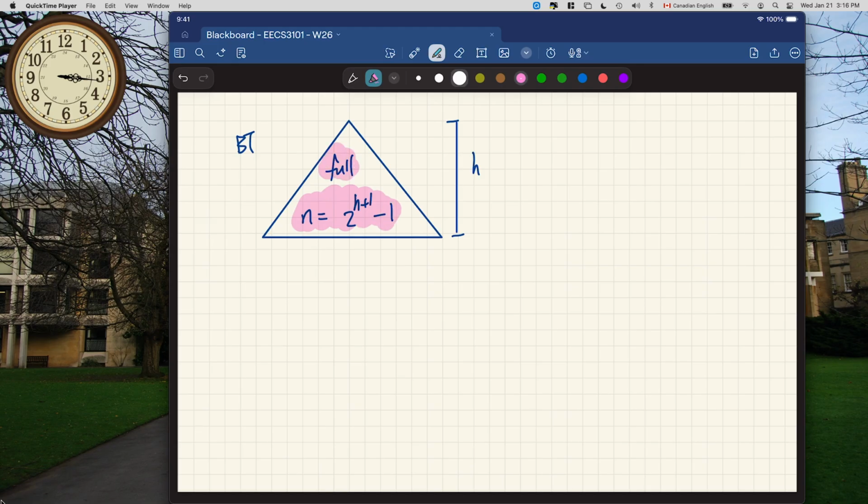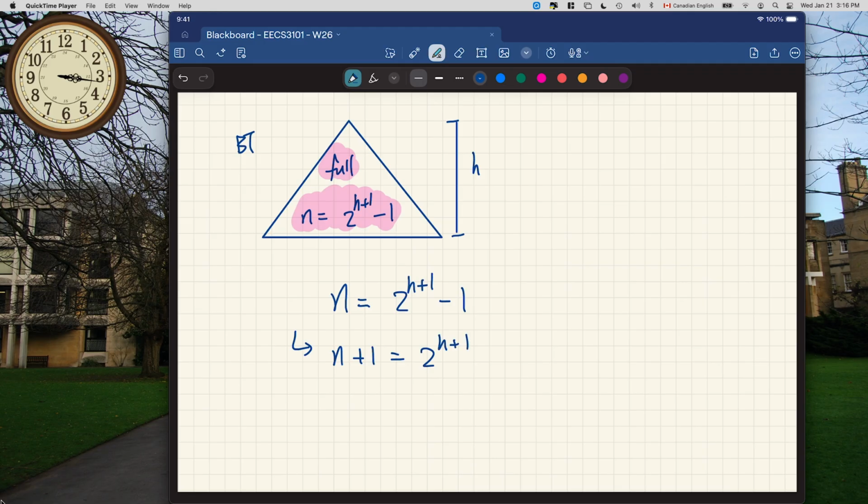Let's now play with that a little bit by moving around the terms, and then we should get it. So n equals 2 to the h plus 1 minus 1. Let's move the 1 to the left. n plus 1 equals 2 to the h plus 1.